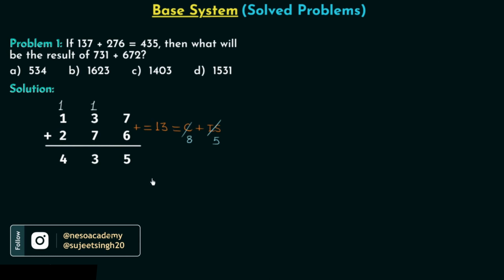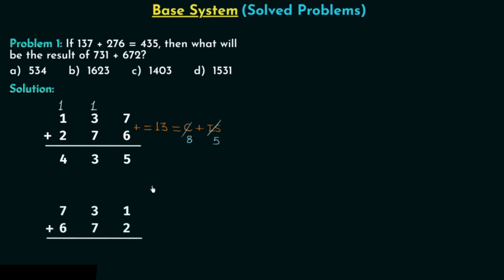And now we will quickly perform the addition of these two numbers in octal number system and have our answer. 1 plus 2 is equal to 3. 3 when divided by 8, the base of the number system, will give us the intermediate sum equal to 3 and it will give us carry equal to 0. 0 plus 3 plus 7 is equal to 10. 10 when divided by 8 will give us 2 as the intermediate sum and it will give 1 as the carry. 1 plus 7 plus 6 is equal to 14. 14 when divided by 8 will give us the intermediate sum equal to 6 and it will give carry equal to 1.